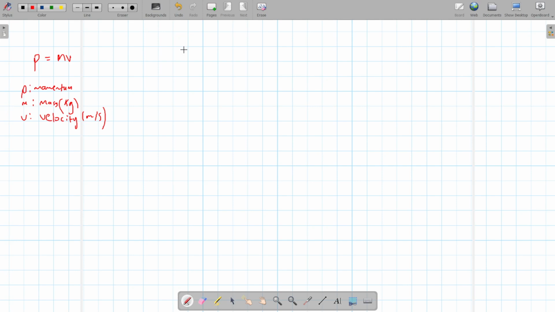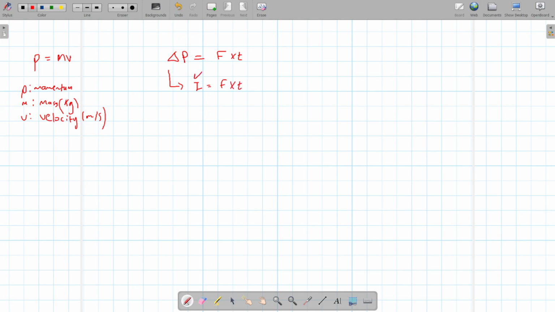There's also delta P equals F times t. This is important. This formula, delta P equals F times t, is also expressed as the impulse equals F times t.